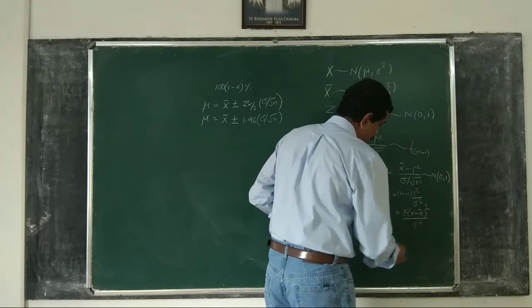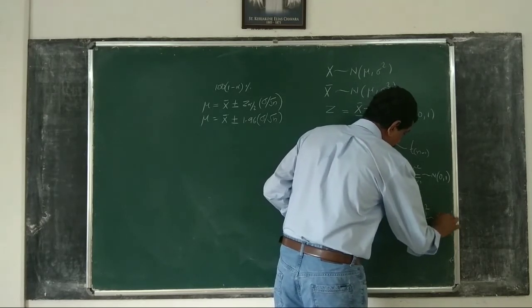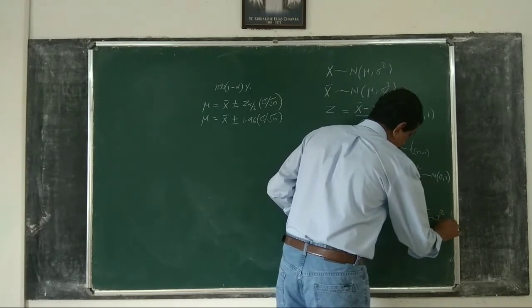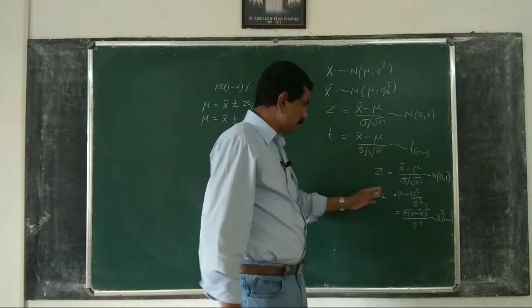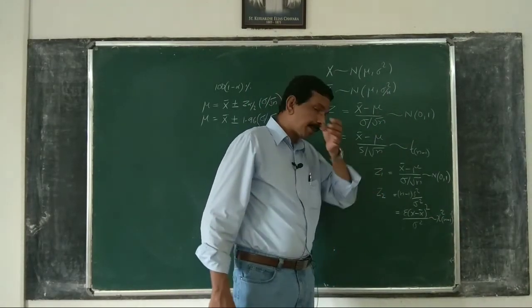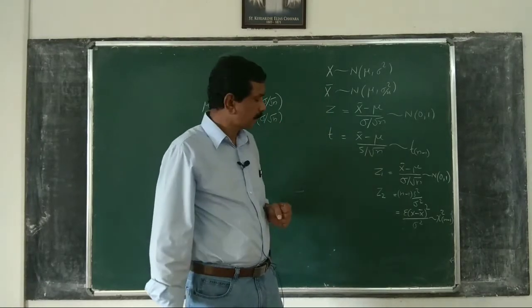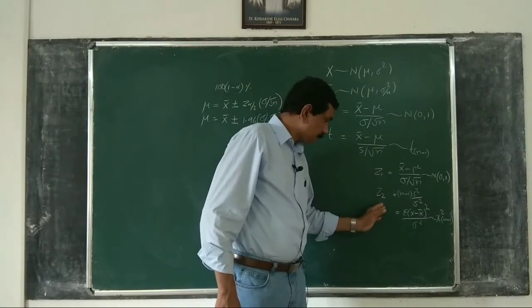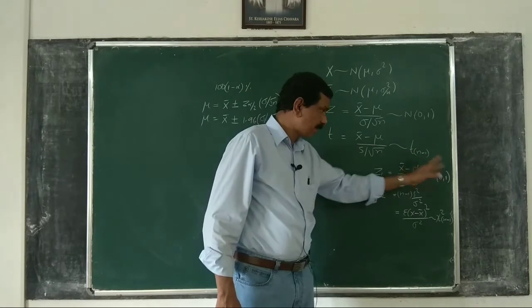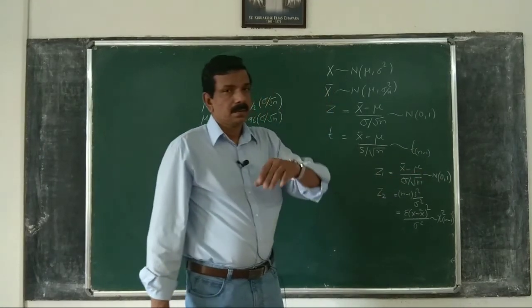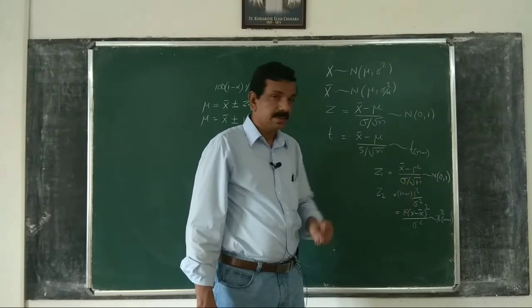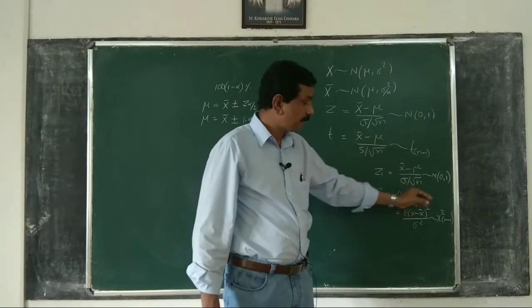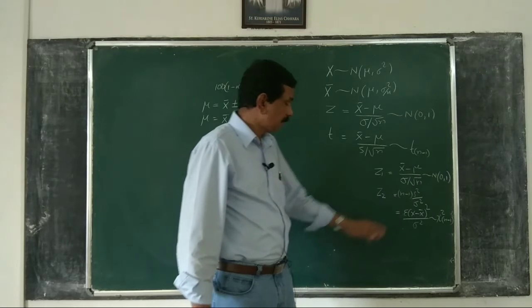This quantity follows chi-square with n minus 1 degrees of freedom. And Z2 is distributed independently of Z1. Then Z1 by root of Z2 divided by the degrees of freedom follows T distribution with n minus 1 degrees of freedom.